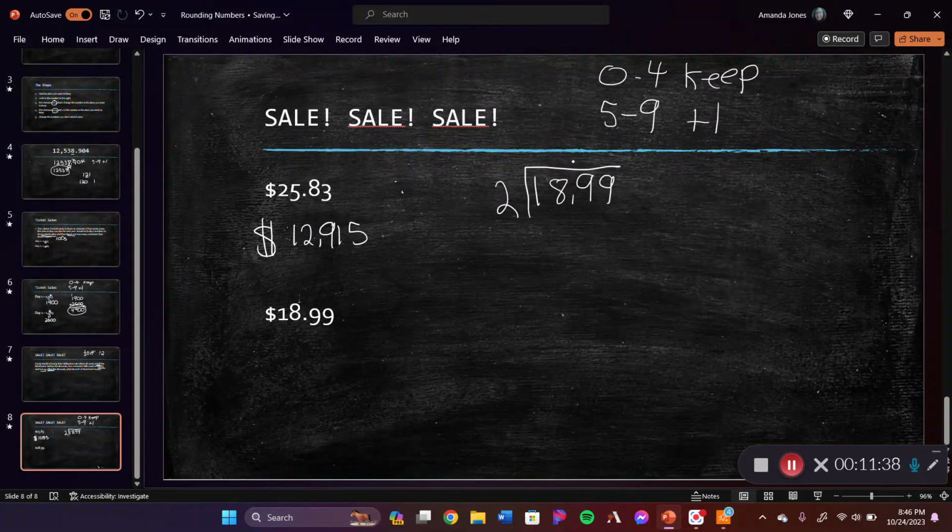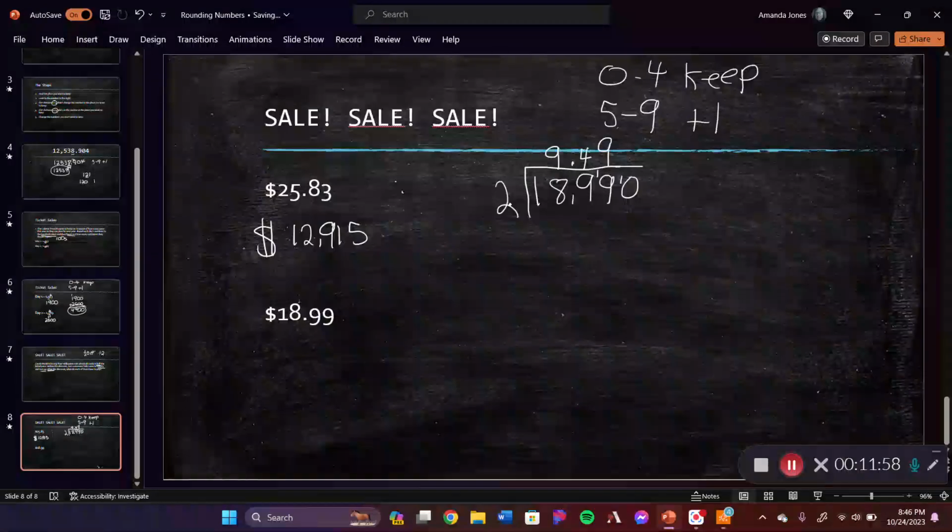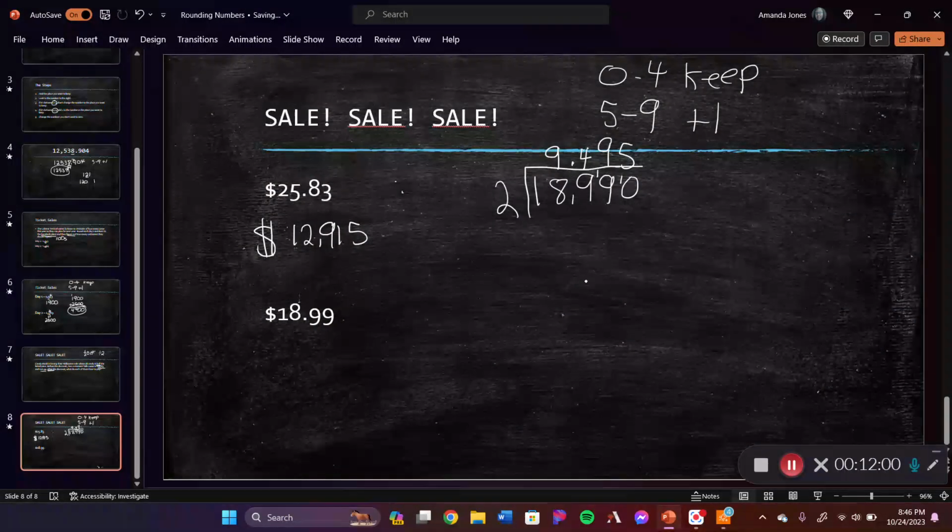Okay, bring your decimal right up. Okay, 2 goes into 18 9 times. 2 goes into 9 4 times. 1 left. 2 goes into 19 9 times. 1 left over is 10. 2 goes into that 5 times.